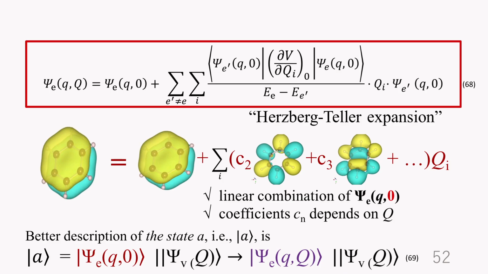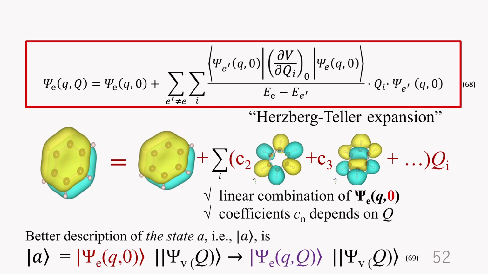The additional term consists of a coefficient, the vibration coordinate, and other wave functions at a static condition. So the electronic wave function during the vibration is expressed as the original one plus some additional wave functions.